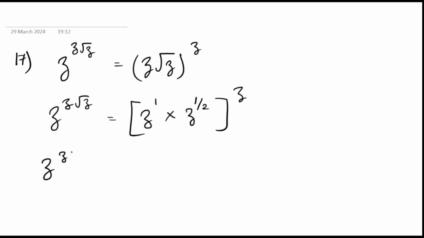Since the bases are same, the powers can be added. So z to the power 1 plus 1 by 2, I'm adding the powers, the whole to the power z.